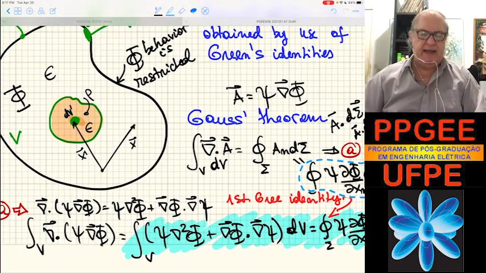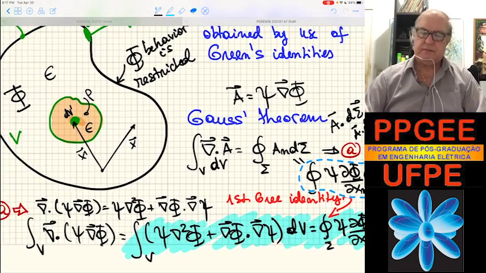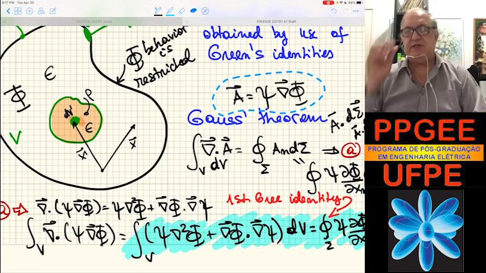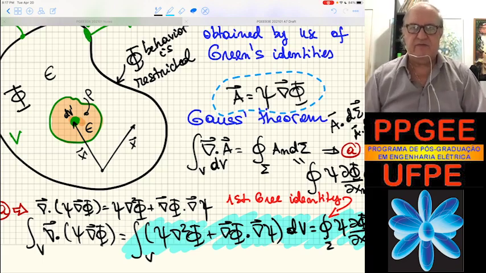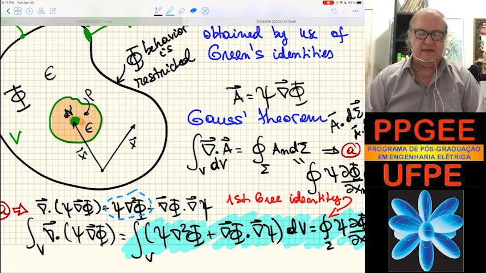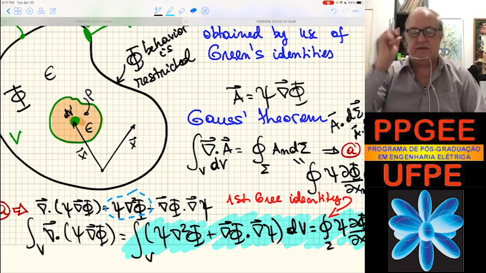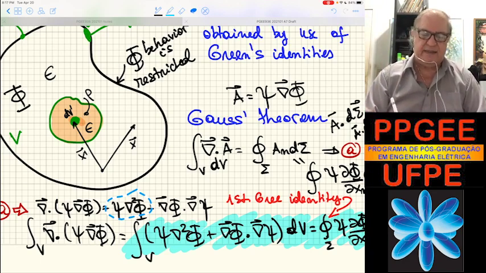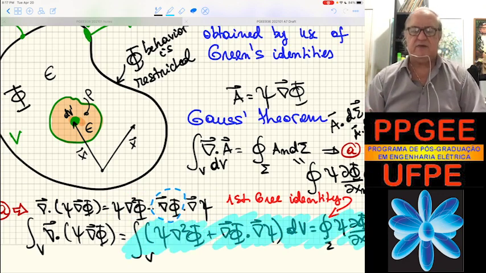Now, let's expand the divergence of A. It's the chain rule that we derived previously, right? It's one function times the divergence of the second vector, which is the Laplacian of the function, plus the gradient of the first dot product with the second vector.